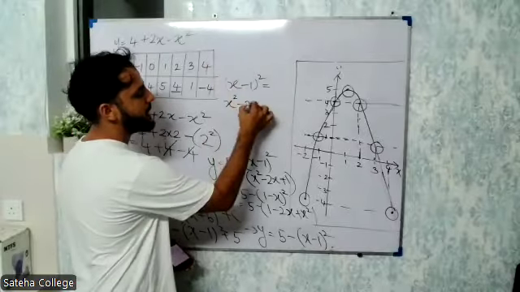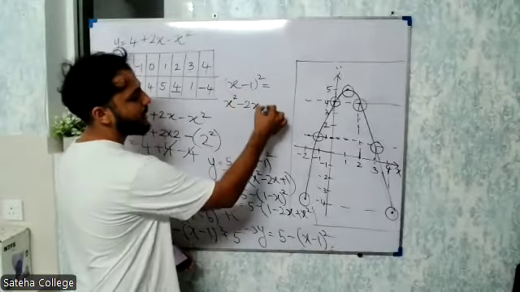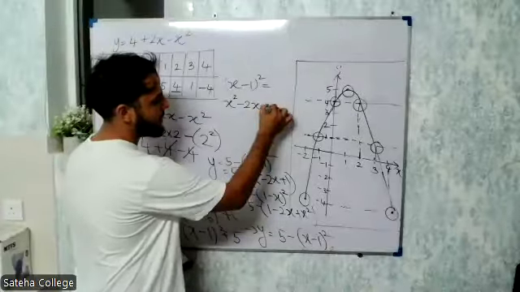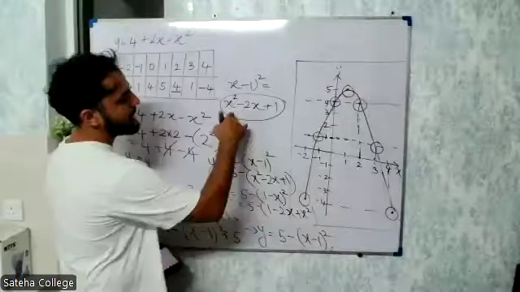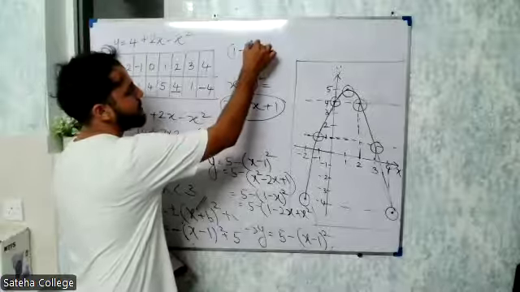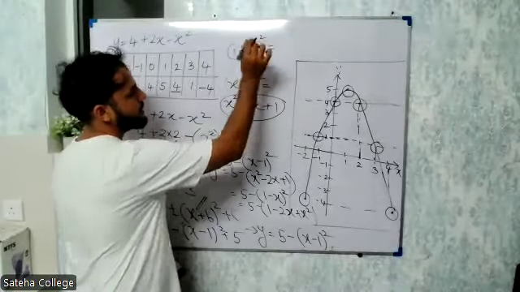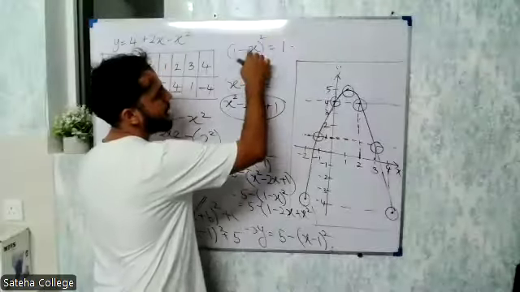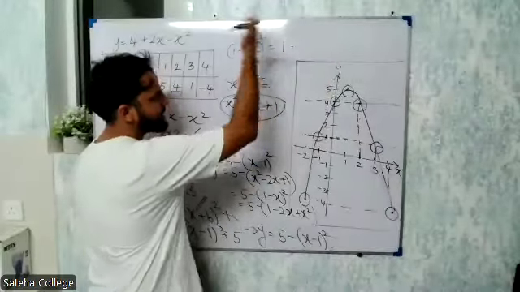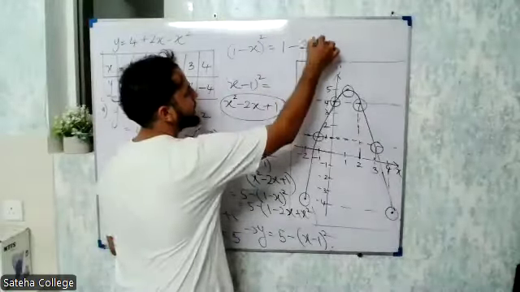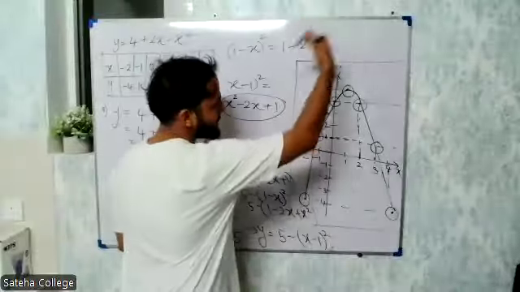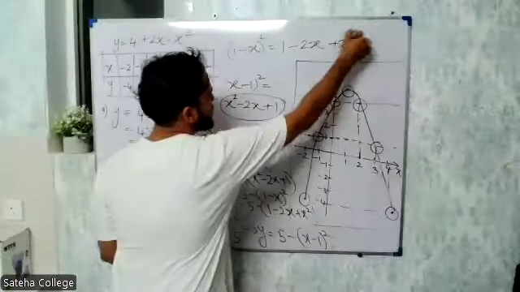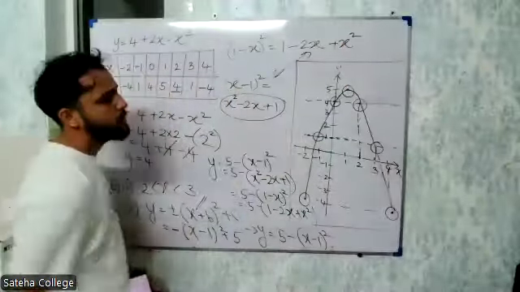Multiply by 2, you get minus 2x. Minus 1 squared, so minus 1 into minus 1, plus 1. If you open the bracket the other way around, (1 minus x) squared, what do you have? 1 squared, that is 1. 1 into minus x is minus x, into 2 is minus 2x, minus x into minus x, that is plus x squared. Both of them, you get the same answer.